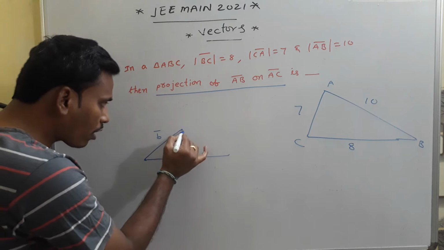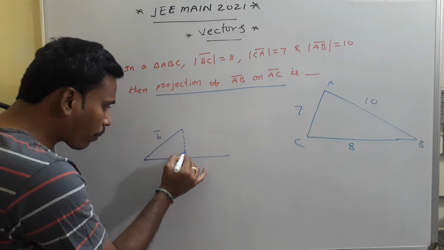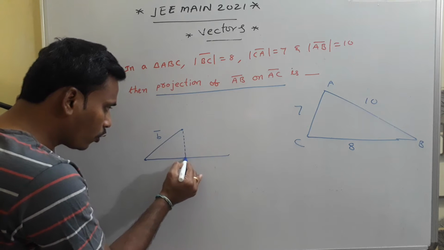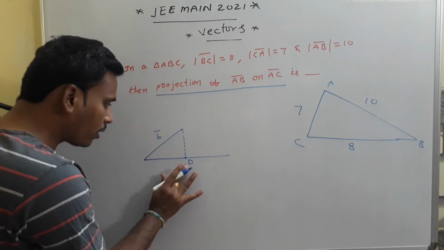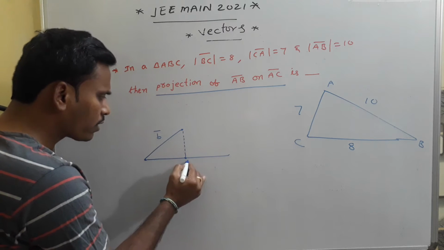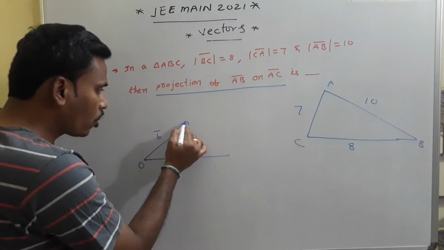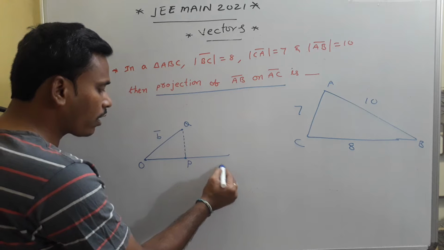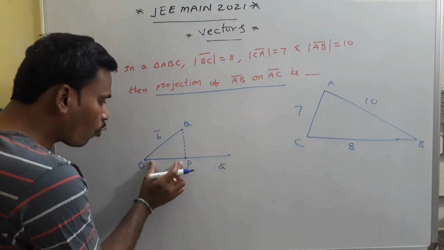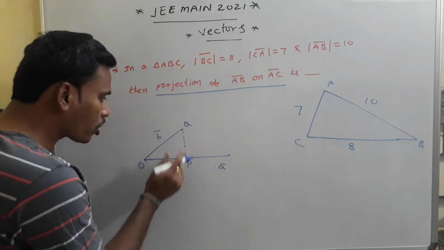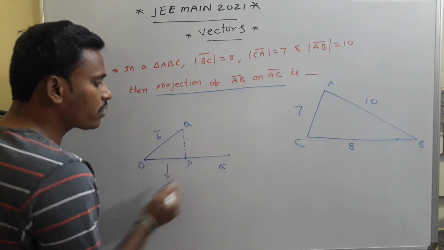It is nothing but if we drop a perpendicular from this point to here, say that projection is some P, and this is some O, and mark it as Q. And this vector is A bar, right? So this OP is considered as the projection of B bar on this A bar.